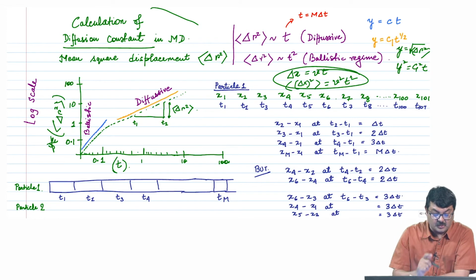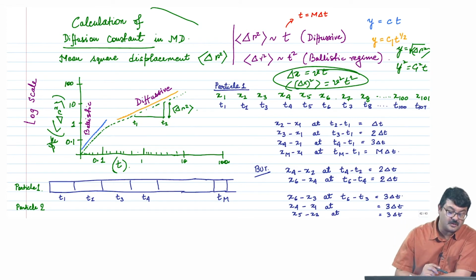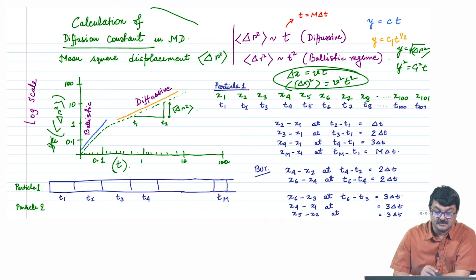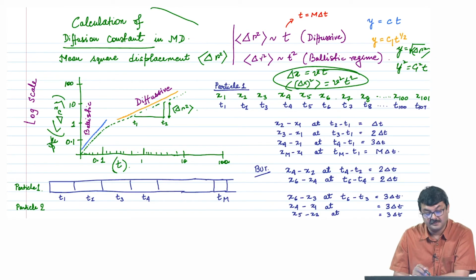Okay, so the way you calculate the diffusion constant is identify the ballistic regime, identify the diffusive regime. From there, you calculate delta r square average. This has been statistically averaged to calculate mean square displacement, and we shall discuss the averaging.